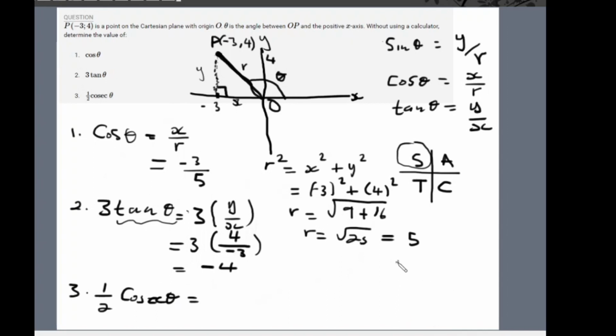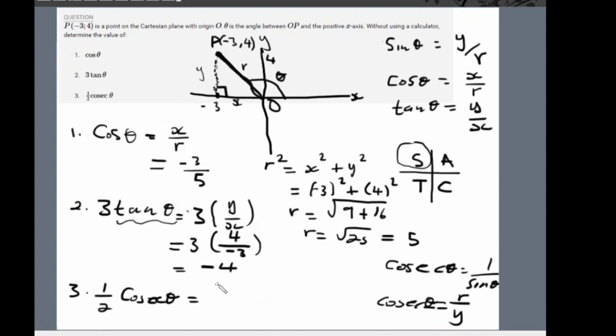So cosec theta is equals to 1 over sin theta, and if sin theta is equals to y over r, therefore cosec theta will be equals to r over y, right? Because it's the reciprocal of sin theta.